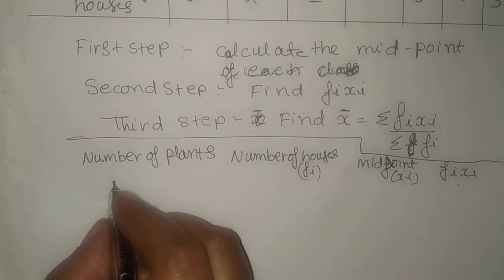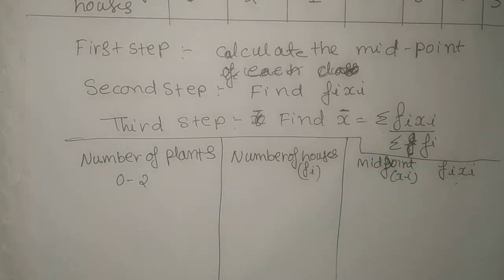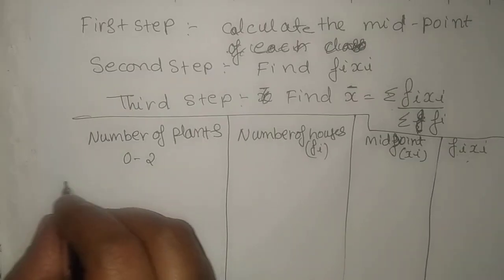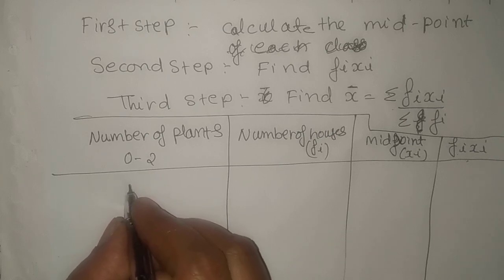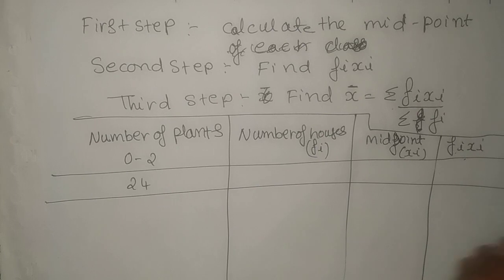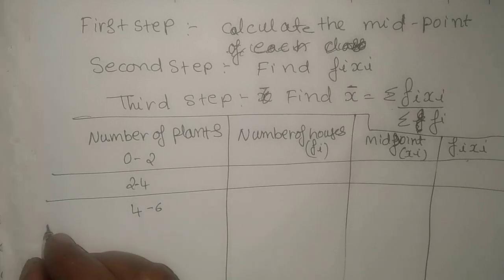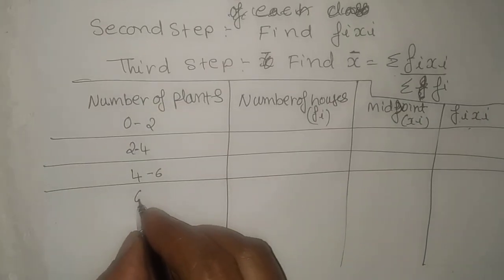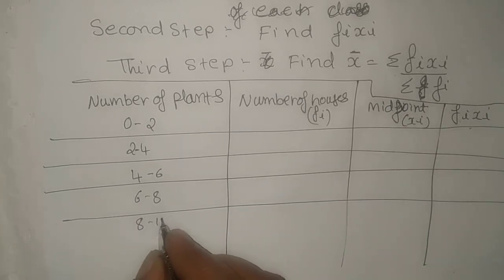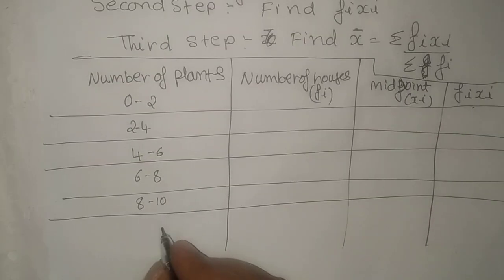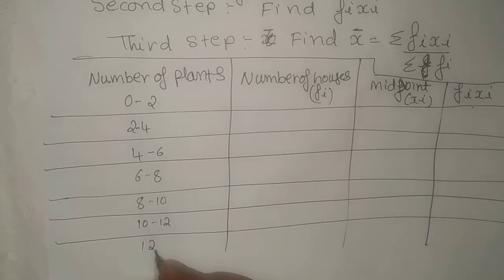So first, what is the data given here? That is 0 to 2. You can also write it in the form of a table or draw a line like this. Next is 2 to 4, and 4 to 6, this is the interval, then 6 to 8, and 8 to 10, next 10 to 12, and 12 to 14.